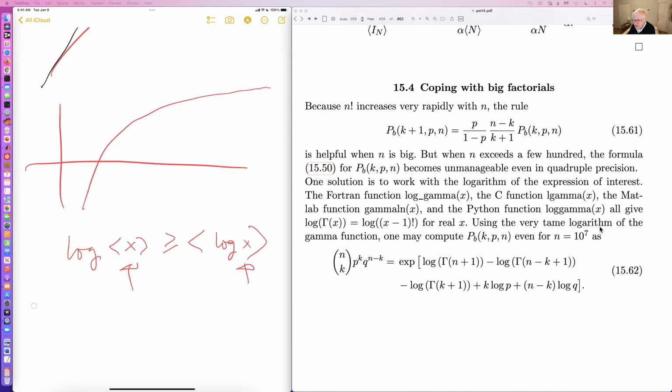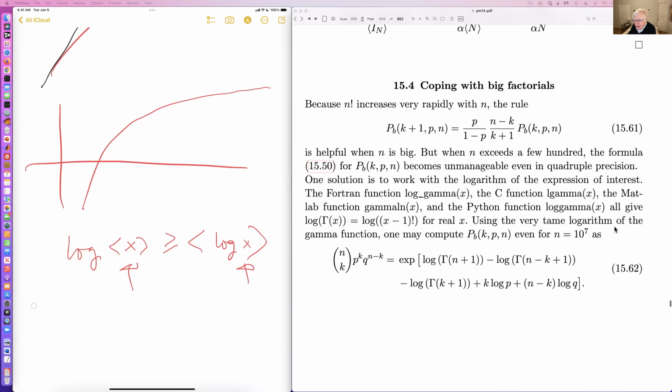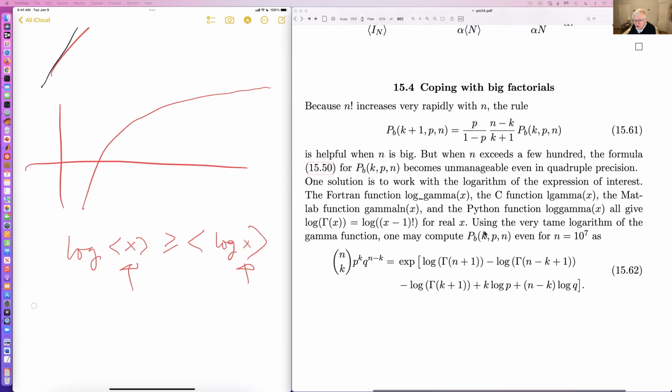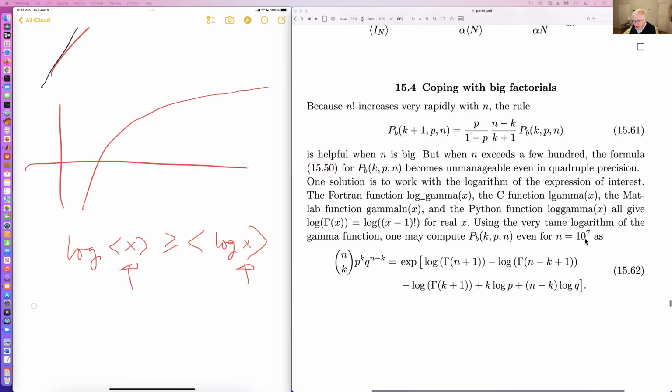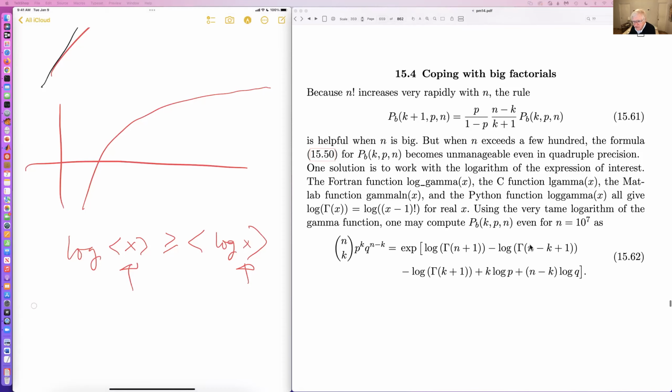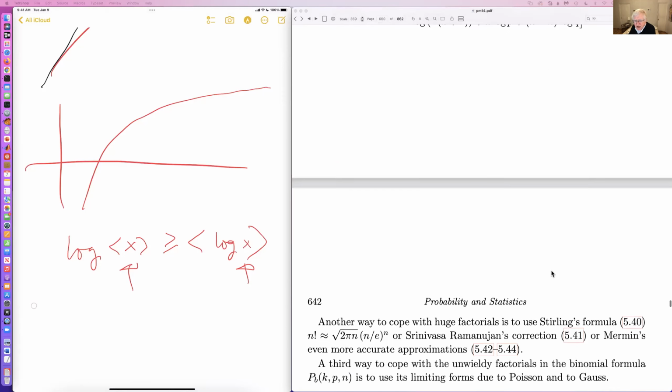So if you use the MATLAB version, you can compute the binomial probability, even if little n, well, that was big N, wasn't it? So now I switched in reasonable numbers, 10 to the 7th, and what one gets is the exponential of these logs.